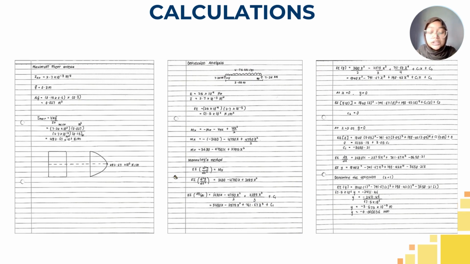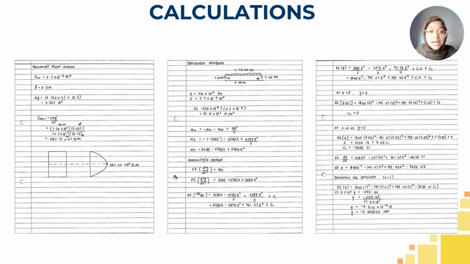Okey, untuk step seterusnya adalah Maclaurin method. So untuk Maclaurin method saya menggunakan formula yang dipaparkan iaitu EI d kuasa 2 Y per dx kuasa 2. Okey, formula yang kedua, untuk formula ini saya akan menggunakan nilai 3680 saya tolakkan dengan 4750X saya tambahkan dengan 2285X kuasa 2, nilai MX yang saya dapat tadi bila saya dah kira di atas tadi.